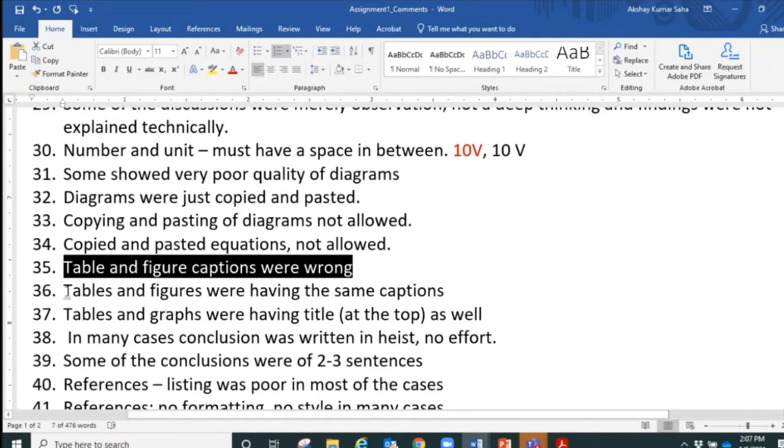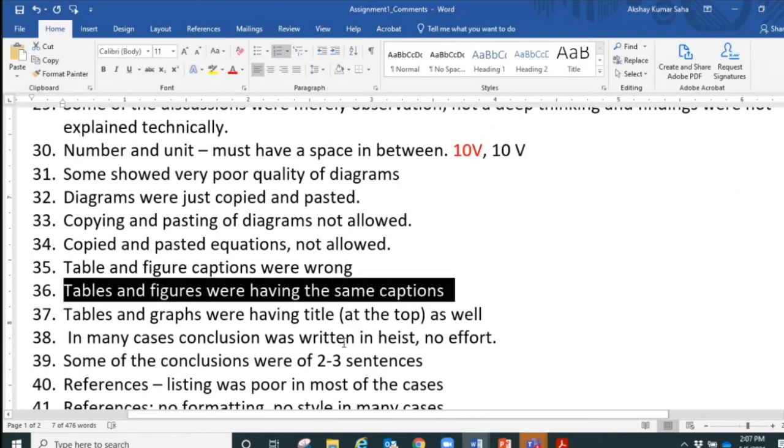And in some cases, I found that tables and figures had the same captions. It cannot happen. If you have two figures in your report, none of the two figures can have the same caption, like the names that we have in our families.